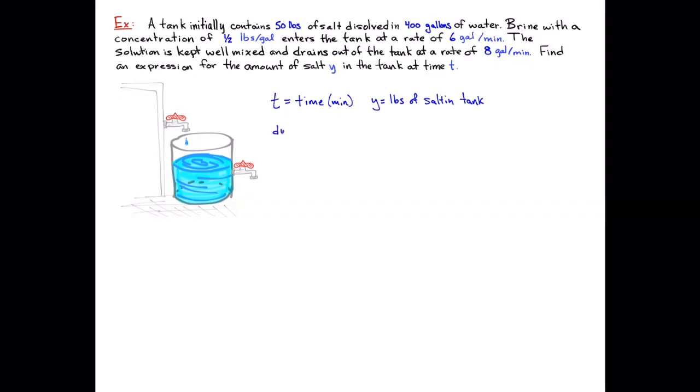Next thing we want to do is define our differential equation. First, I start describing in words: this is the change in salt over time. And so the salt is changing in two different ways. There's salt being pumped in, and there's salt being taken out.